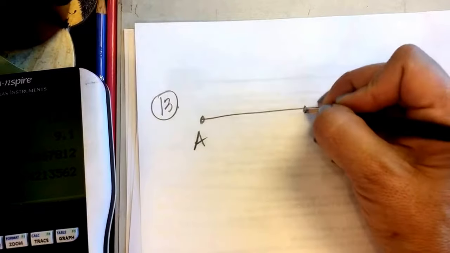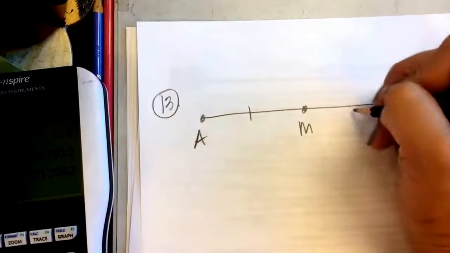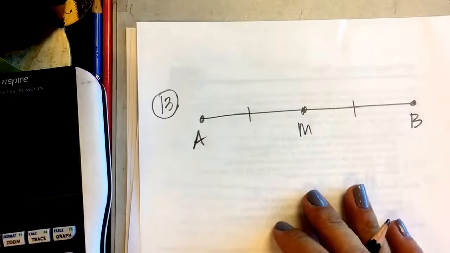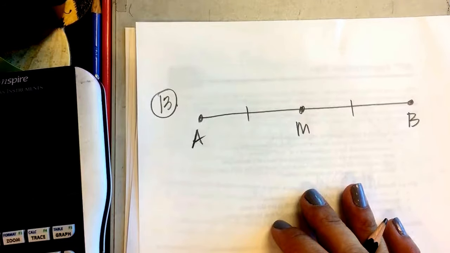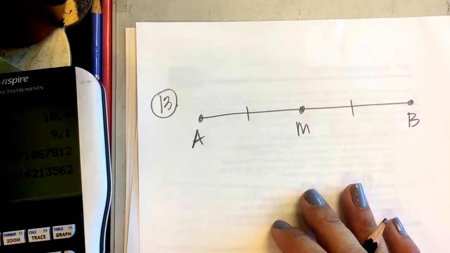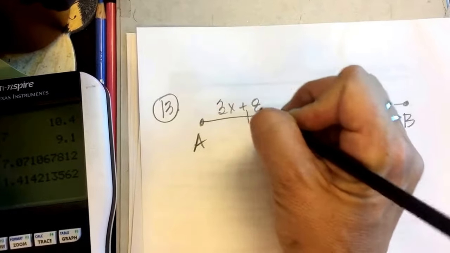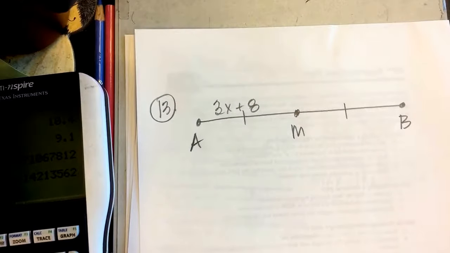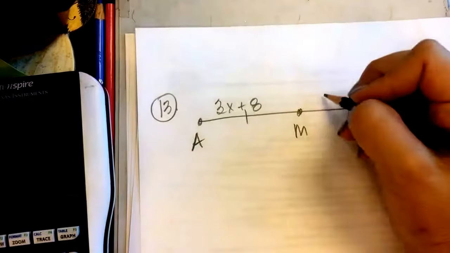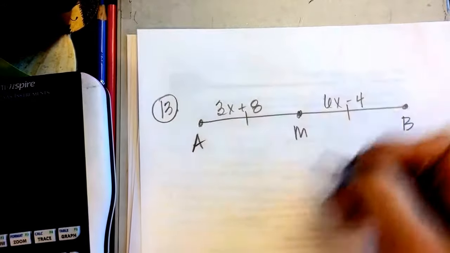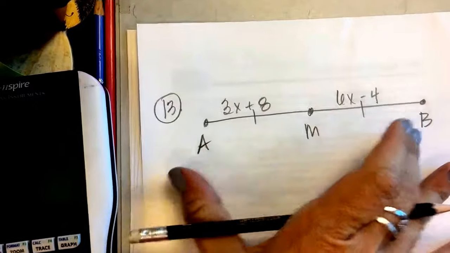It's got a midpoint M. Maybe I even do this to show that those are going to be congruent, since M's the midpoint. And what they're telling me is that 3x plus 8 is the A to M part, and M to B part is 6x minus 4. They want us to find the entire length.